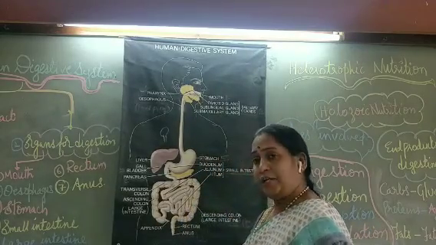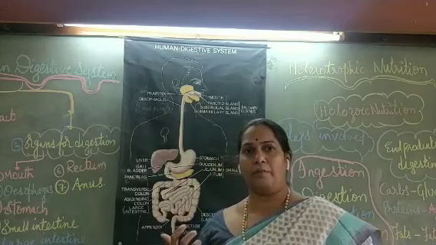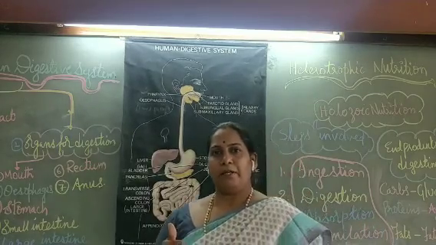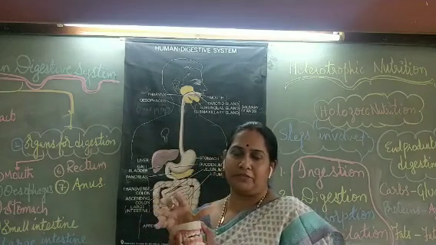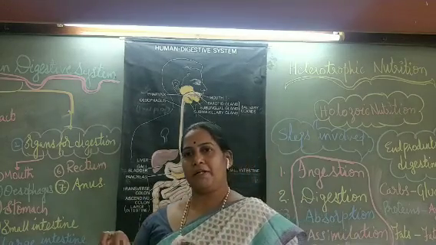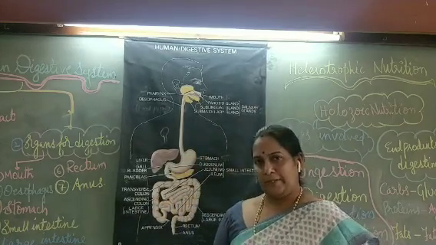For carnivores, the canines are very developed, whereas we are omnivores. For us, the premolars, molars, incisors and canines are all developed in such a way that it helps us go for omnivorous food habits.